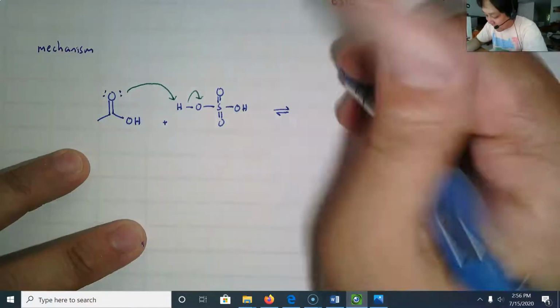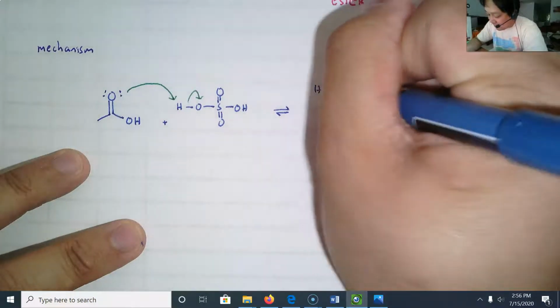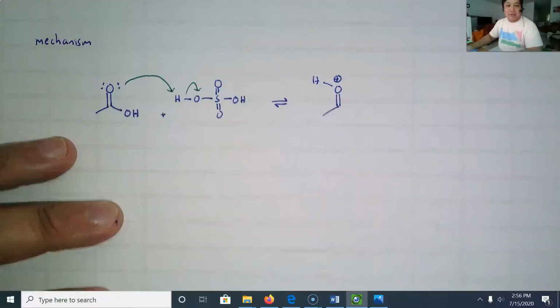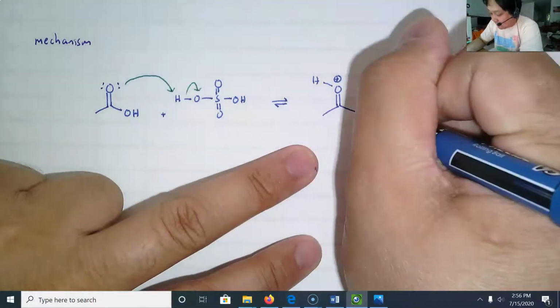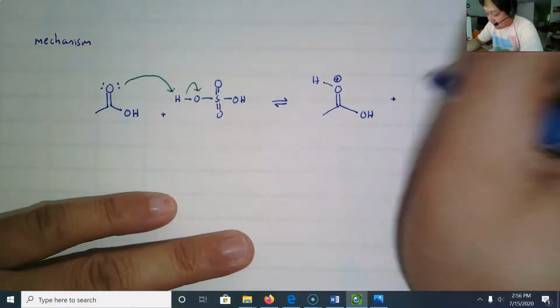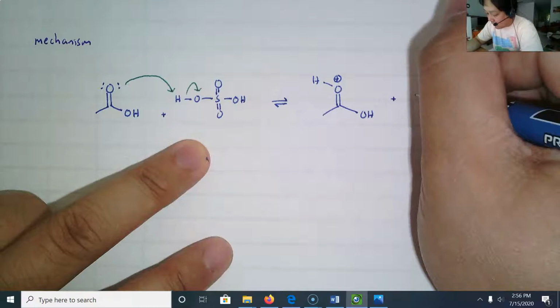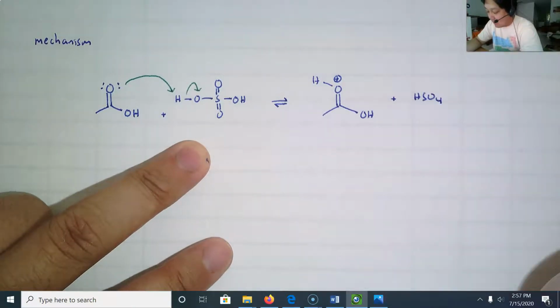Do I know this for a fact? No. But if we hit a roadblock, we'll just backtrack or restart it and protonate the other oxygen. Let's see what happens. We do get that anion, and we'll abbreviate it HSO4, right? And it's negative.